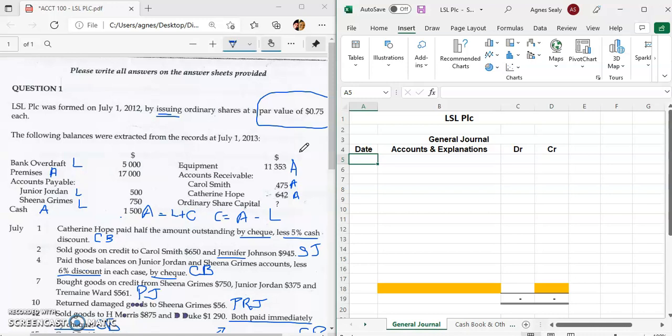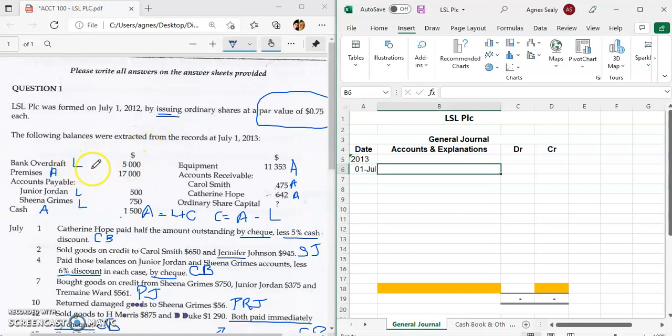You would have to record them in the general journal. It is also used for the recording of the sale or purchase of a non-current asset on credit. Okay, so let's go. Our year is 2013 and it is 1st of July.